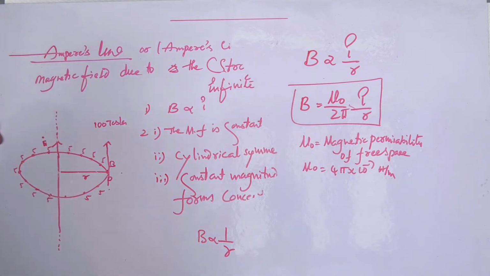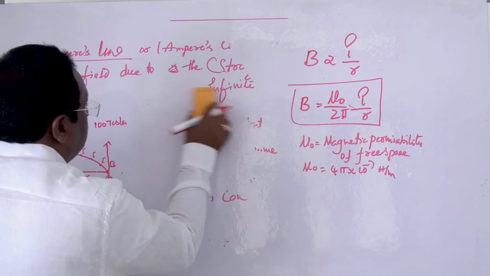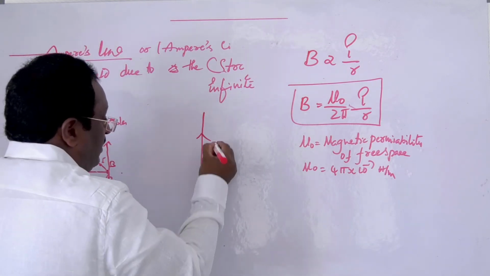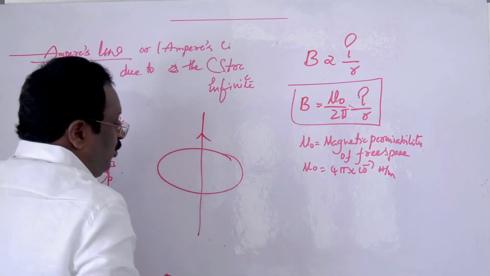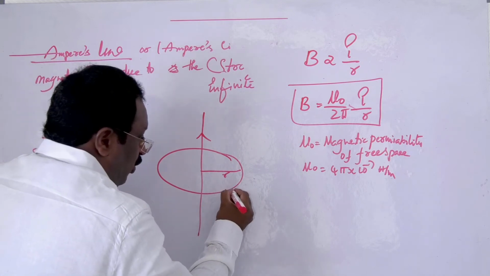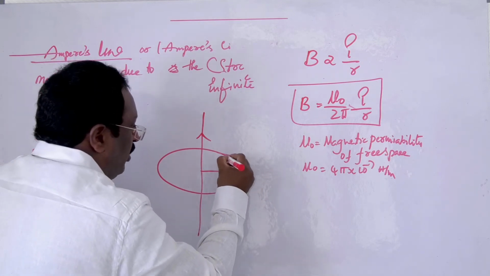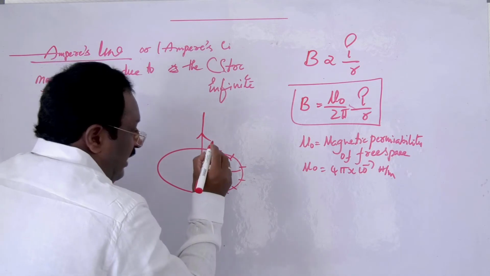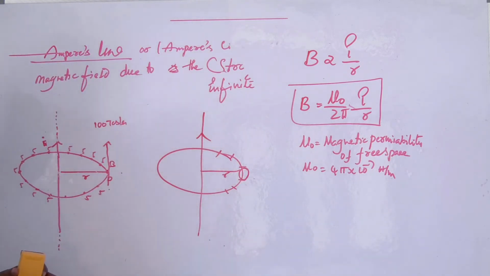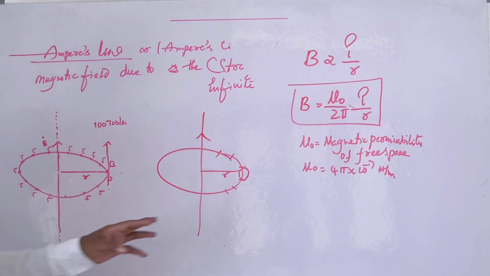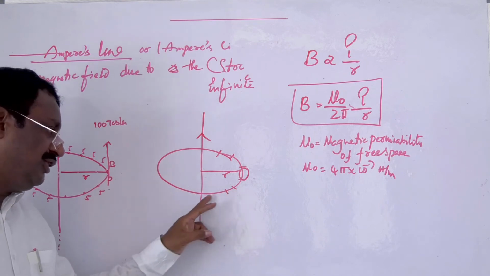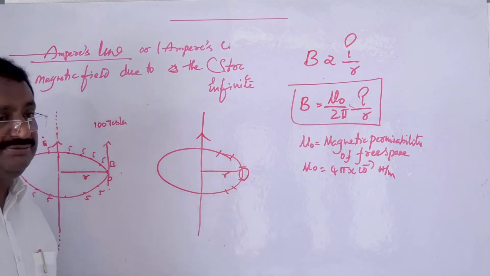Now again, when current is passing, there will be some closed loops. This closed loop is divided into a number of small elements. At every element there will be some magnetic field. The total magnetic field contributed by all these elements is the vector sum of the magnetic field due to each and every element.